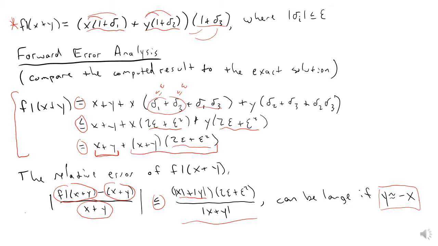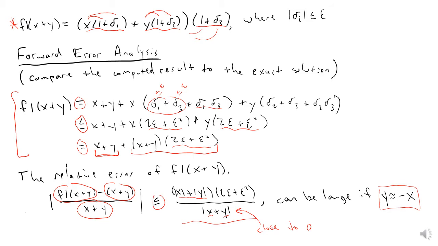In other words, if x and y are close to being the same but opposites of each other, then you're getting a number close to 0 in the denominator. And if the thing in the denominator is close to 0, we know that's a problem. That can make our fraction infinitely large.